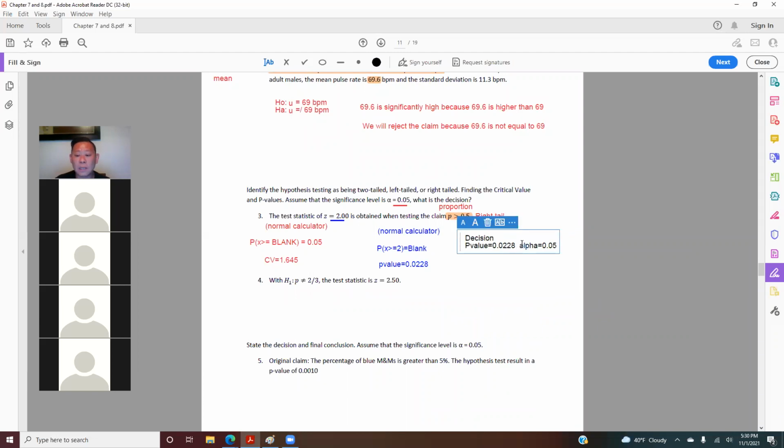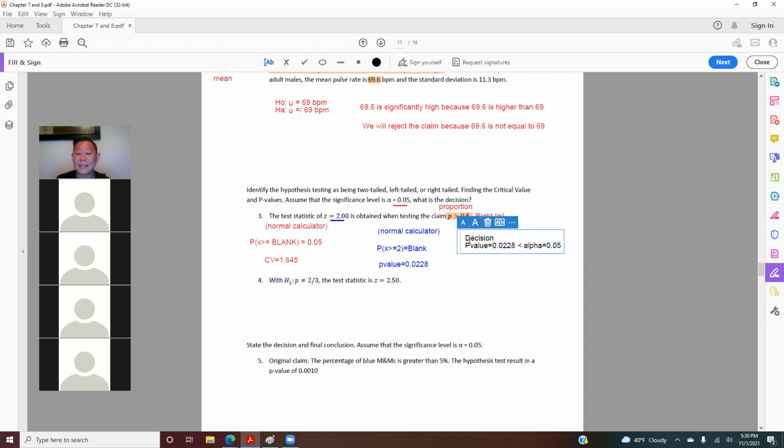So can someone tell me, is 0.0228 less than 0.05 or greater than? Which one? Is 0.0228 less than or greater than alpha? Less than. Awesome. Less than. So which is the less than symbol? Is that the first symbol or the second symbol? First. Okay, so this is the first symbol.